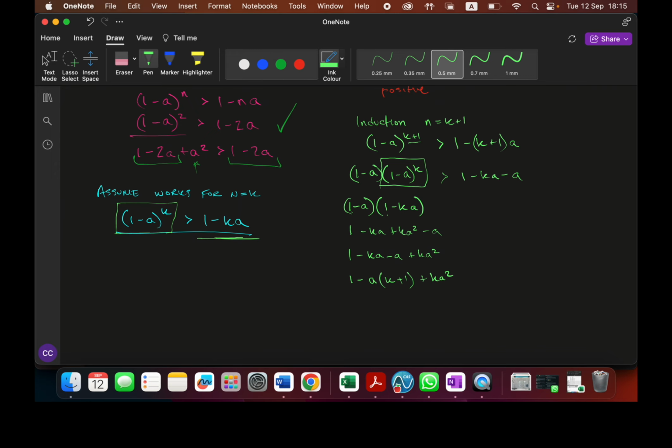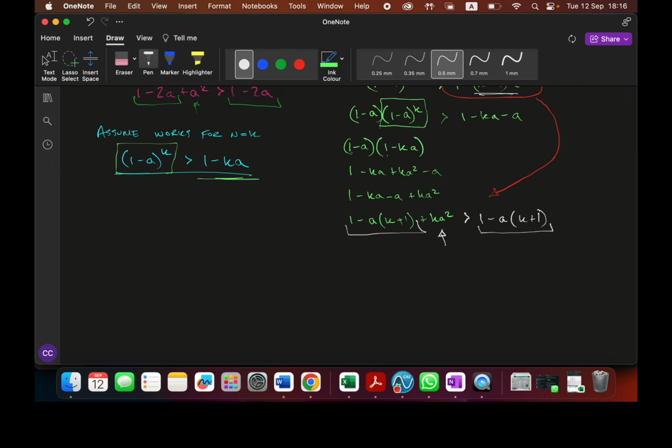And I think we're actually in business, because if we look right here, what this would be is greater than 1 minus, and it's written in a different order, but it still works out, (k + 1)a. This is the exact same as that. So if those two are the same, then when I add ka^2, I'm always going to get a value that is larger.